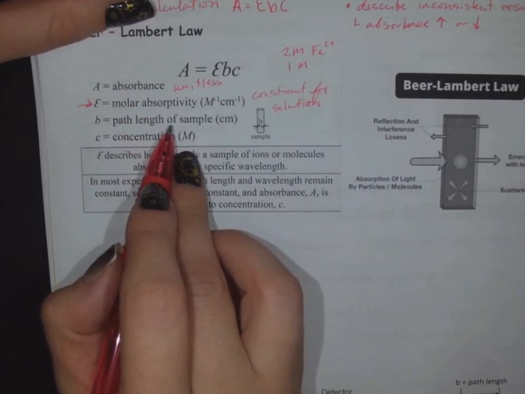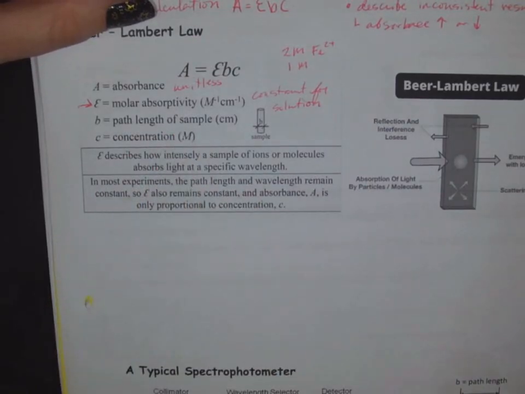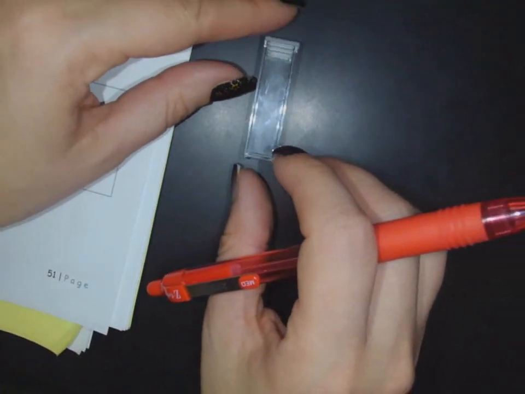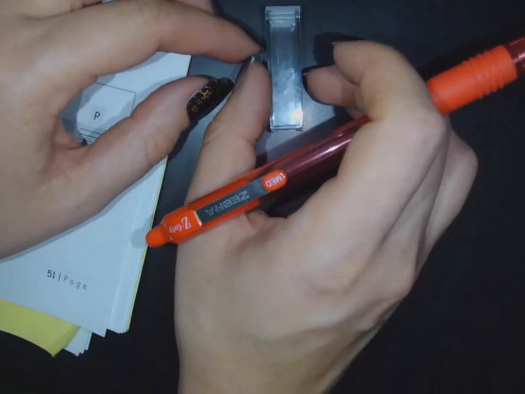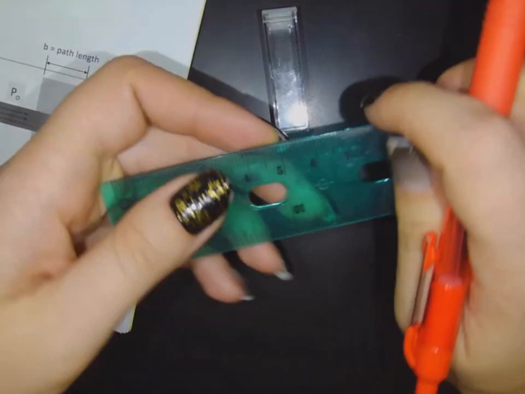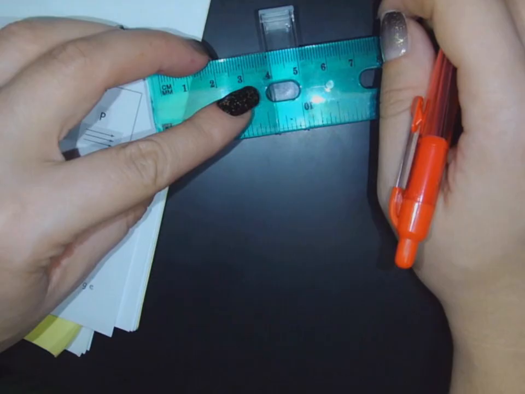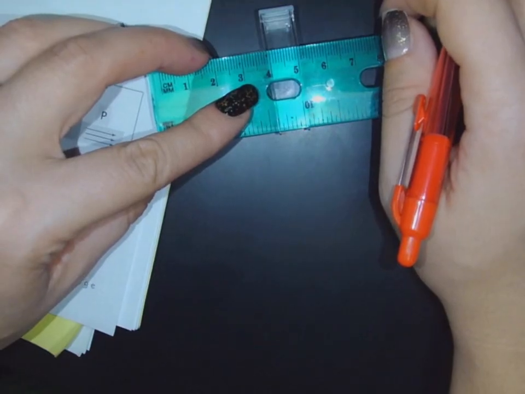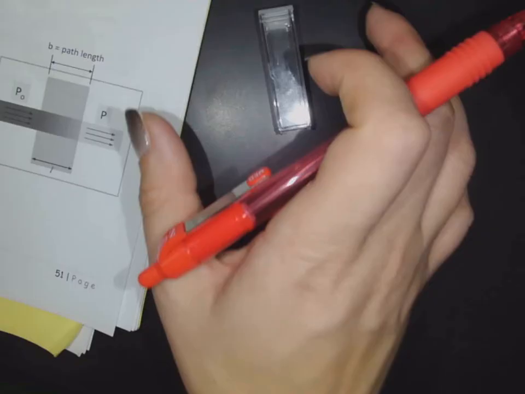For what length is the beam of light actually traveling through the sample? Back to this, it would be this distance, the distance of the cuvette, and these cuvettes are almost always 1 centimeter. The distance that the light travels, not including the walls of the container, is 1 centimeter, and that's very intentional.